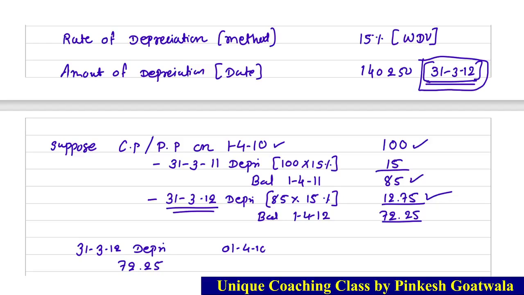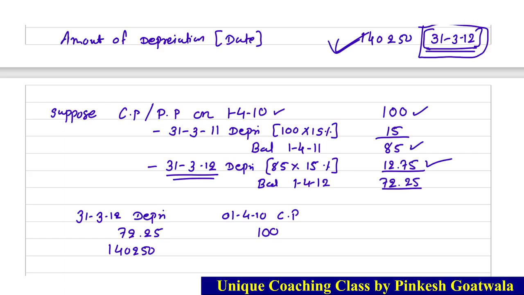So what is the actual amount of depreciation? 140250. So as per this, what will be the amount of cash price? 140250 into 100 divided by 72.25. The amount comes negative, because here I made a mistake.